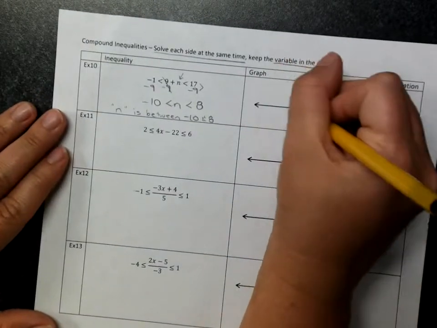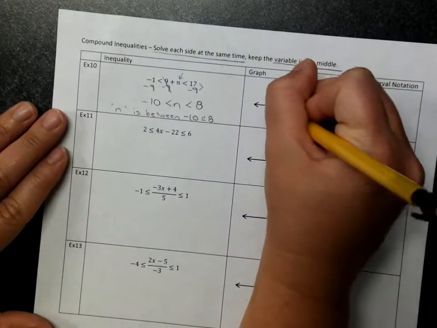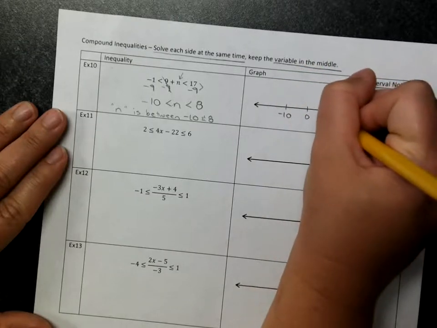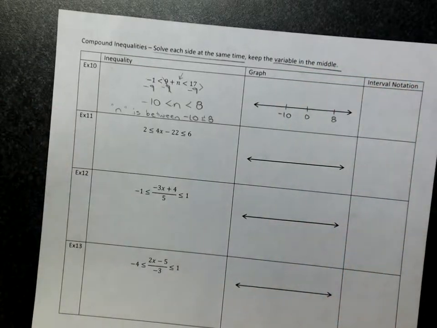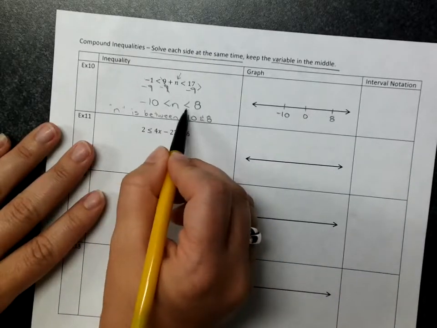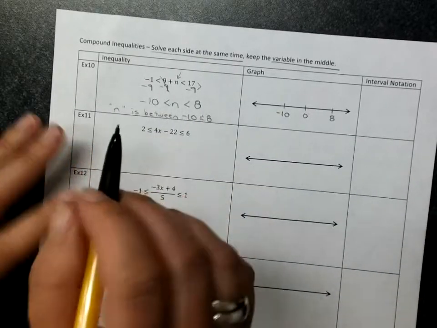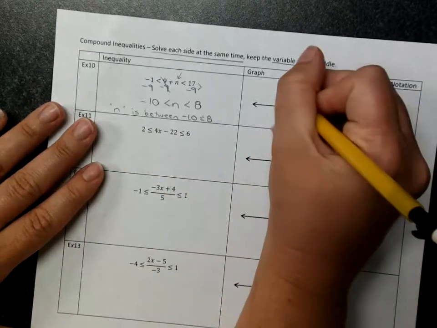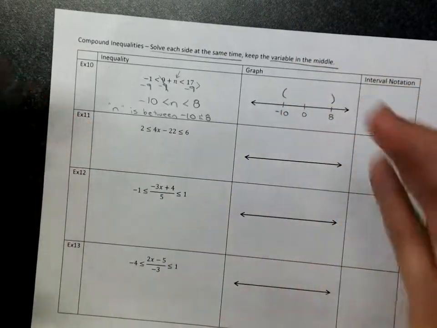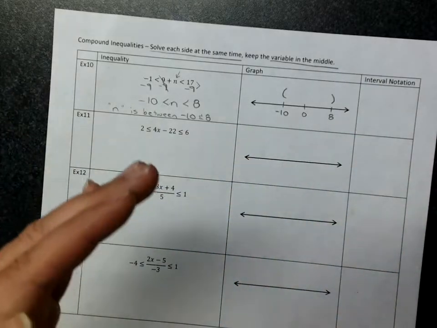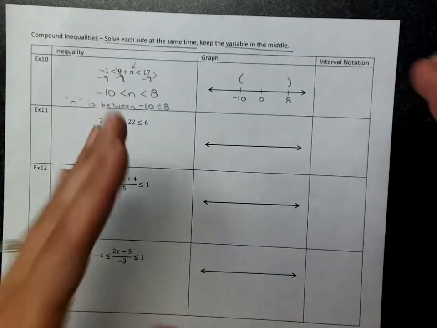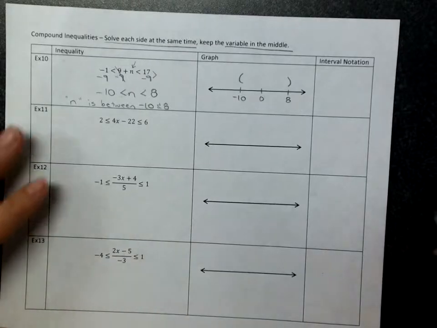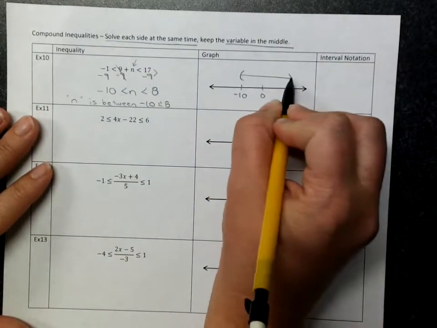So this time on our graph, we have negative 10, we have positive 8, and the inequality symbols are going to face each other. They're both less than, but they're going to turn in and face each other. And there's no lines underneath, so the parentheses are going to face in to show between. That's how we show between on a number line, and we just connect between them.